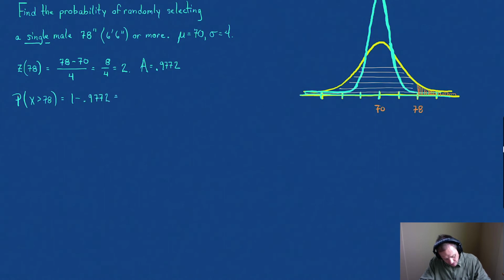That's going to equal 0.0228. So only about 2% of the males in America are 6 feet 6 or taller. So it's pretty difficult to do. About 2 out of 100.